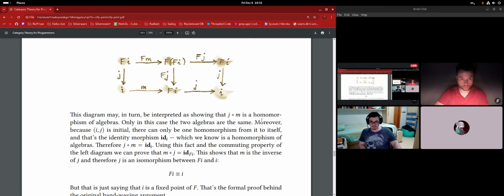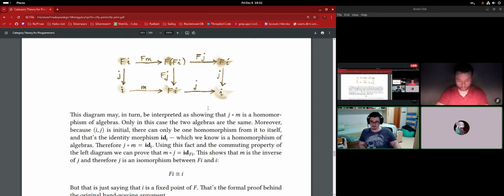Moreover, because this thing is initial, there can only be one homomorphism from it to itself. It's what Marinho said before, and that's the identity morphism ID on I, which is the homomorphism of algebras. Therefore, we also have that J after M.